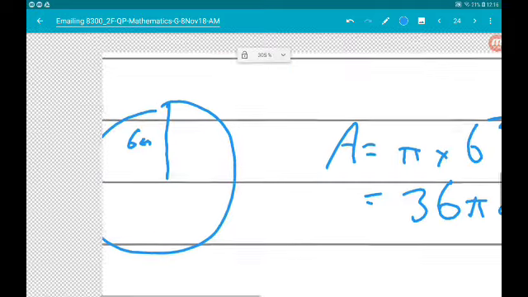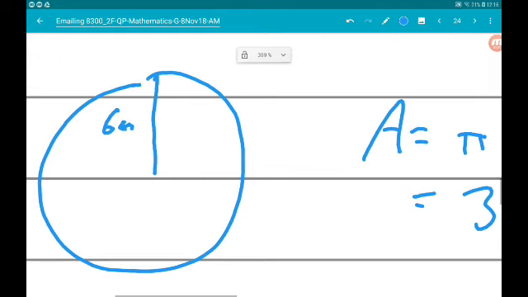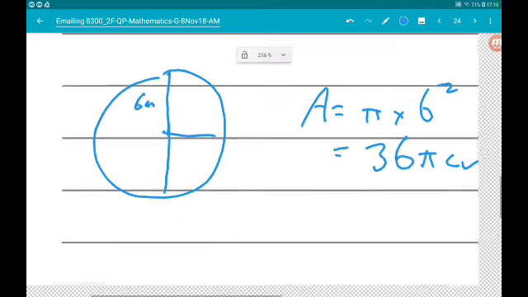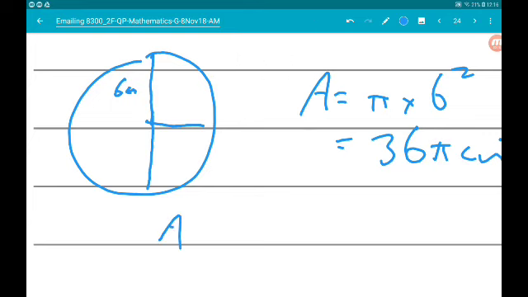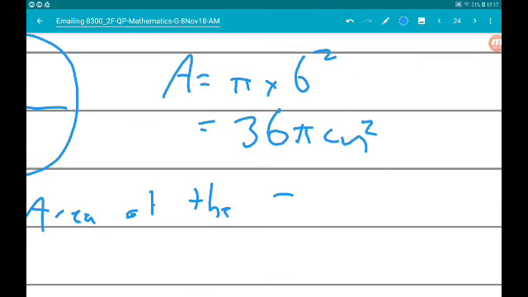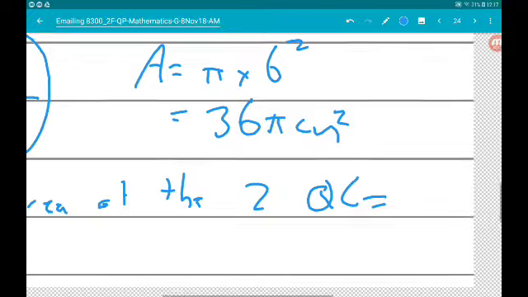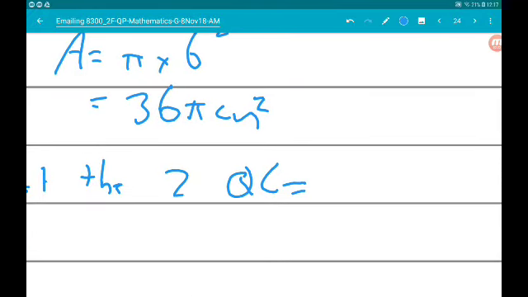Now we know we got 2 quarters of this circle. Now 2 quarters add together to give us a half. So the area of the 2 quarter circles is half of that circle, so 18 pi centimeters squared.